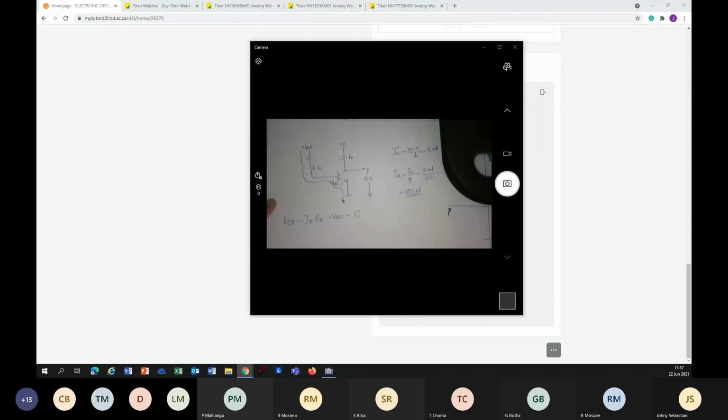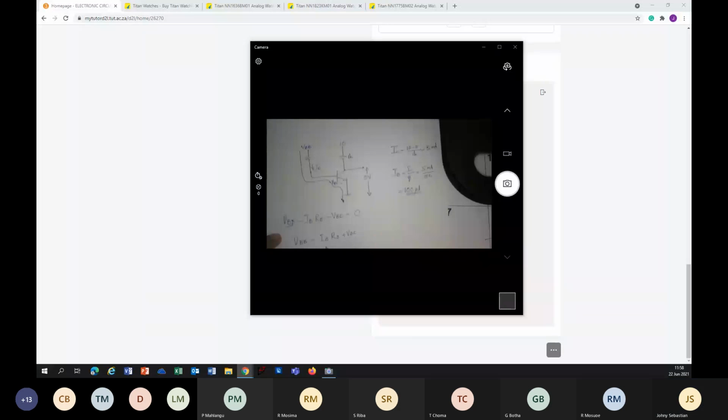This is the Kirchhoff's voltage law expression. This is what we need to find out. Therefore, we can write VBB equals, moving this to the other side, IB RB plus VBE.